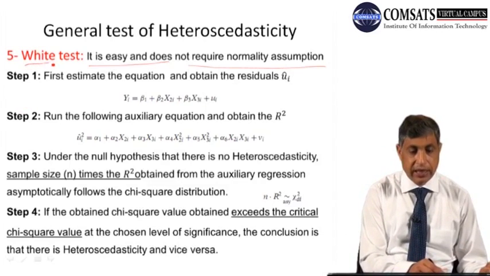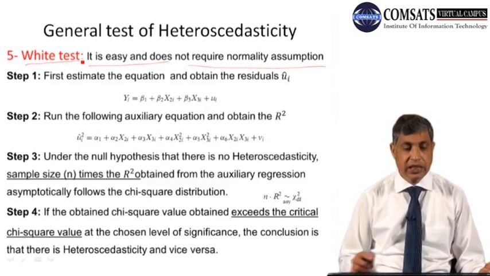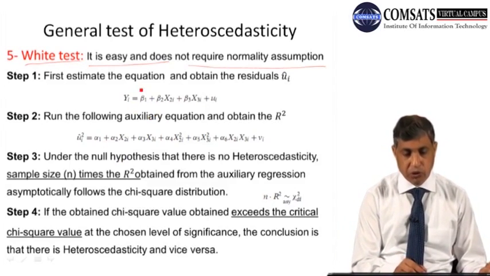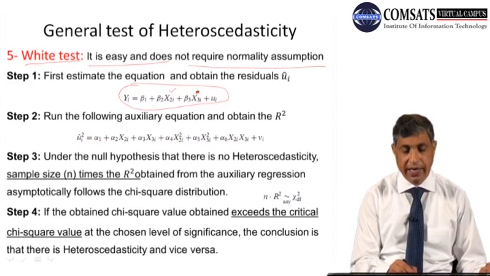It is not the white color; White is the name of a person. So what is this? In the first step, estimate the equation. Now I am assuming that there are two independent variables, X2 and X3.